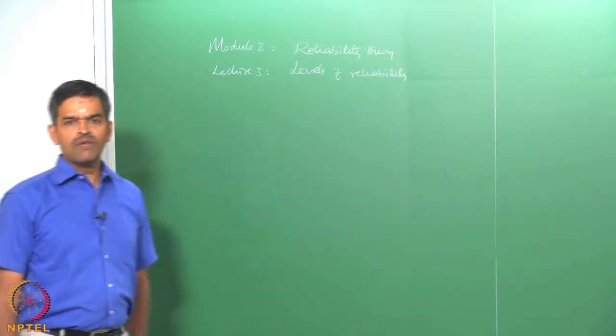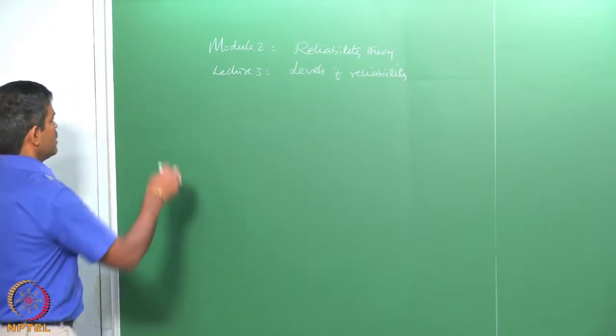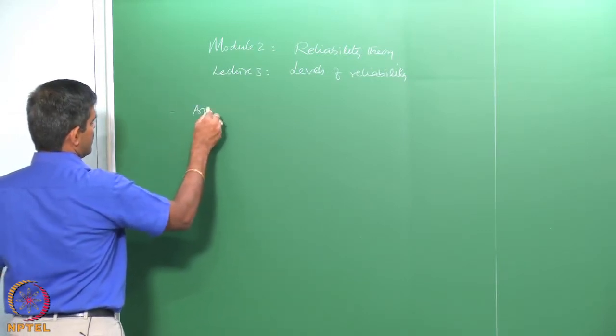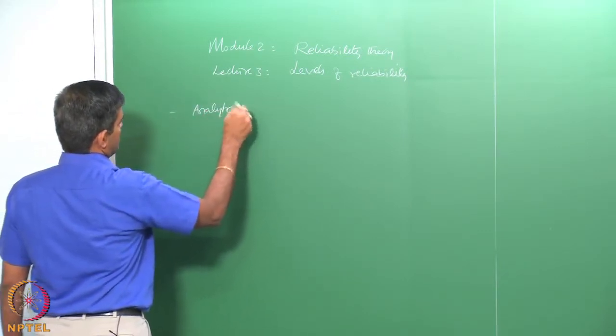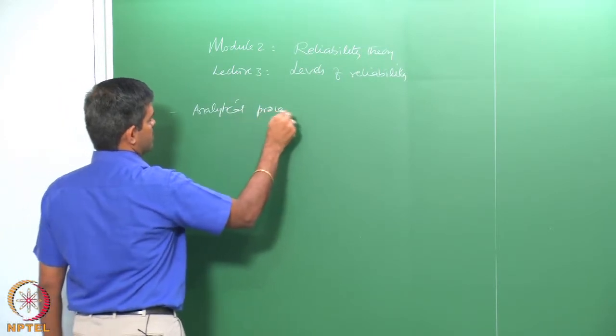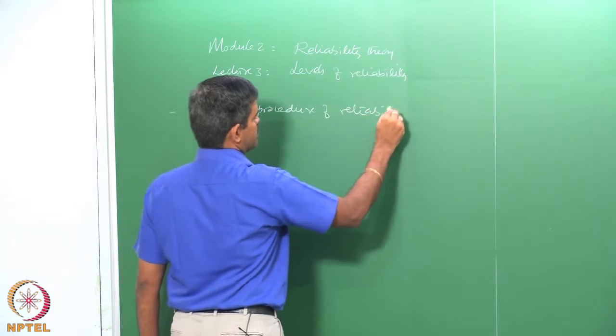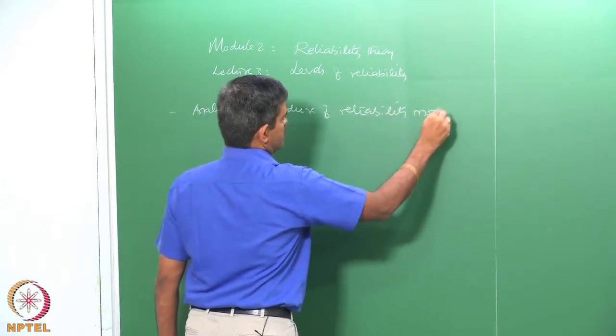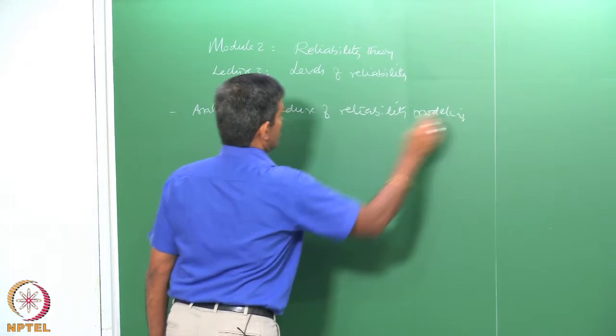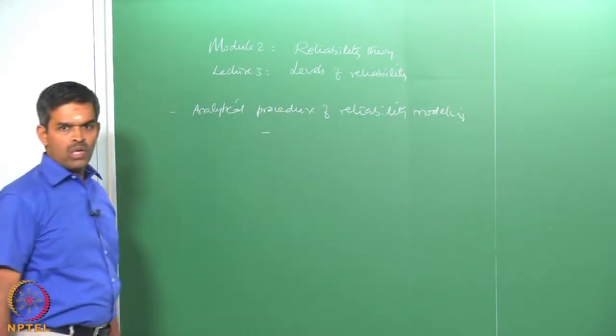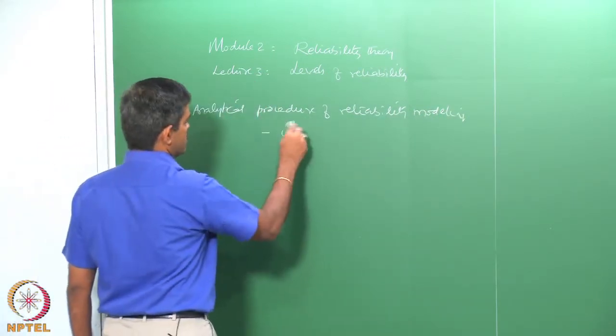The analytical procedure of reliability modeling depends on two factors. One is of course internal strength and resistance.